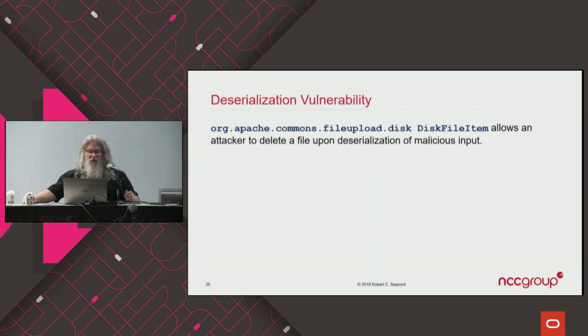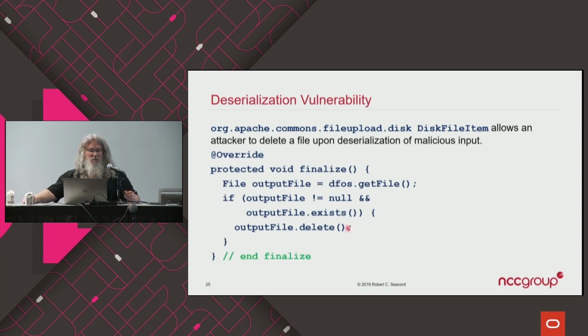So this particular vulnerability, this object allows an attacker to delete a file upon deserialization of malicious input. Basically, all it does is during finalization, it says, let me get this file and delete it, right? And of course, the problem here is that the attacker is in a position to specify the name of that file.